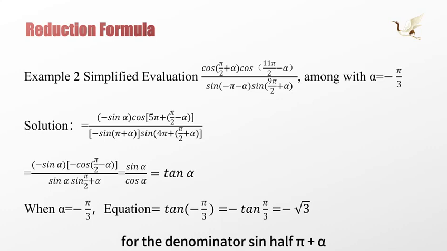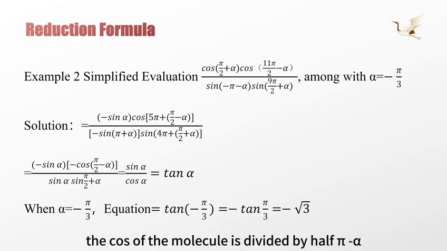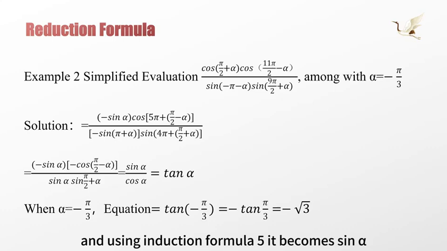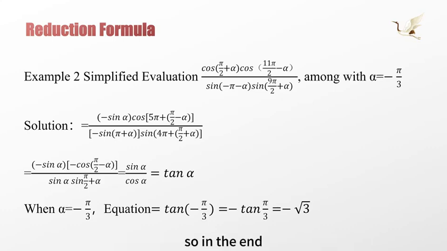For the denominator sine of half pi plus alpha, we use induction formula 6, which gives cosine alpha. The cosine of half pi minus alpha, using induction formula 5, becomes sine alpha. So in the end, we can simplify it into the form of cosine alpha divided by sine alpha. The final result is tangent alpha.